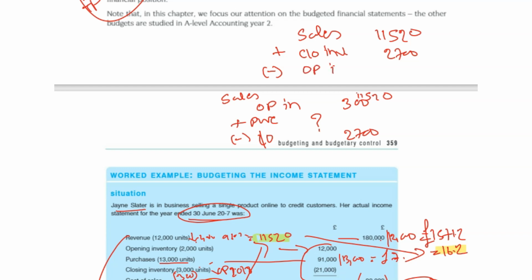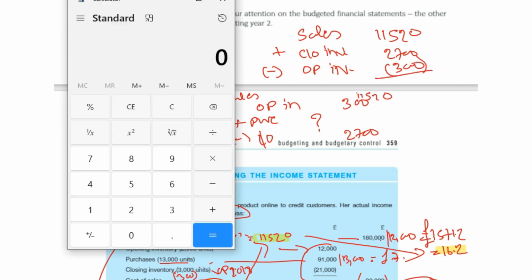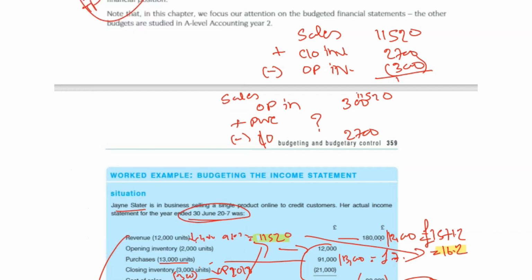No, rather you need to minus it. Opening inventory was 3,000 items. So you need to do this calculation: 11,520 plus 2,700 minus 3,000, and there we go, 11,220. That's your purchase, people. That's how you do the purchase.